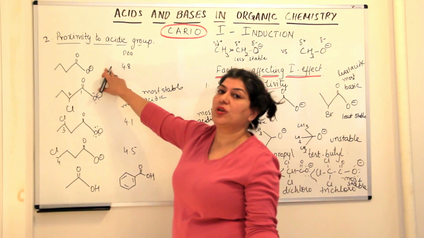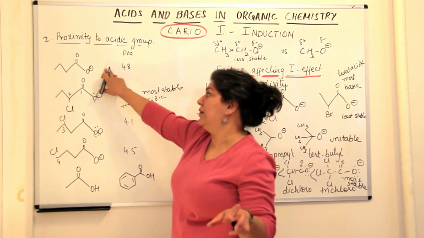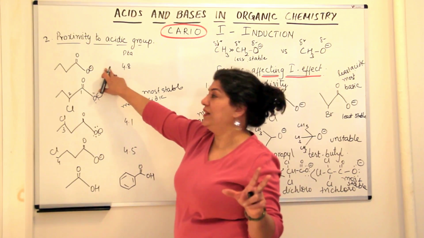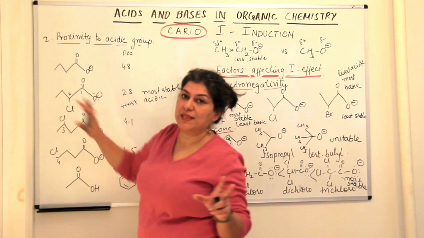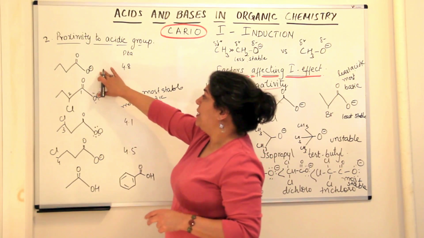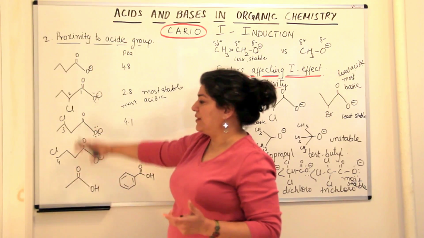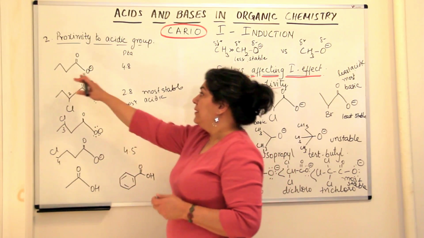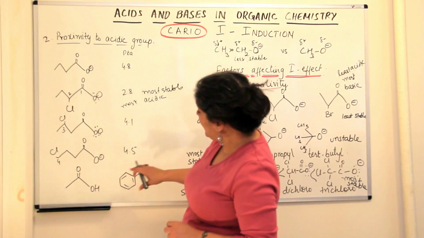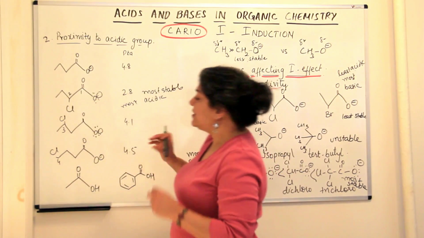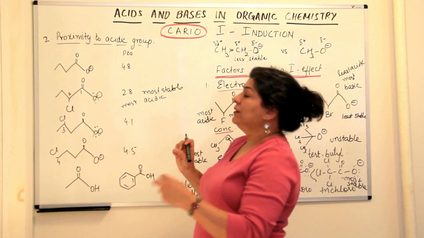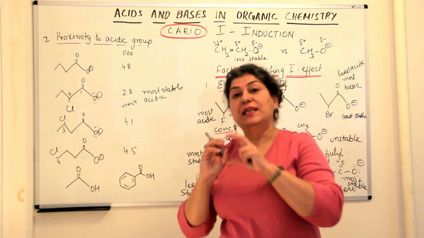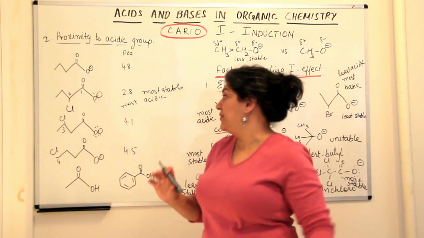Therefore, obviously it does not have the negative inductive effect, although it does have plus I effect, which we will not talk of here because the minus I effect here is much stronger. Chlorine is far, far more electronegative than carbon. So we find that as the distance of the atom showing the inductive effect increases, its effect decreases.